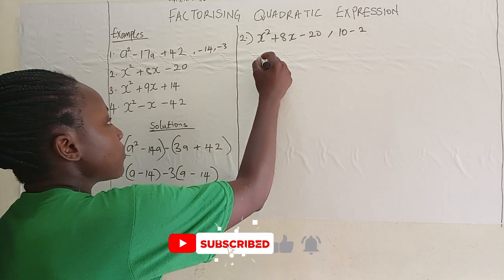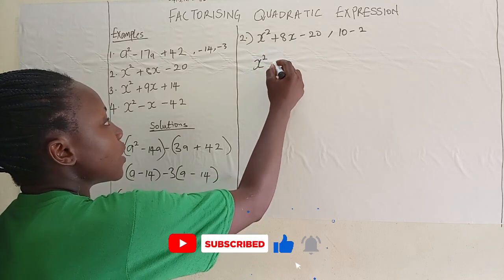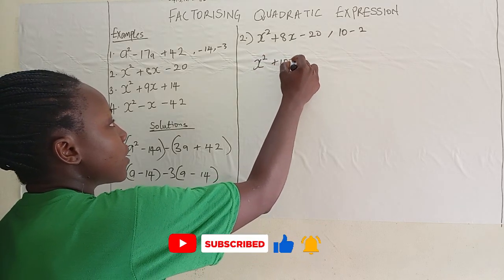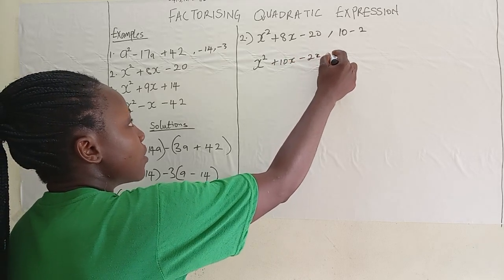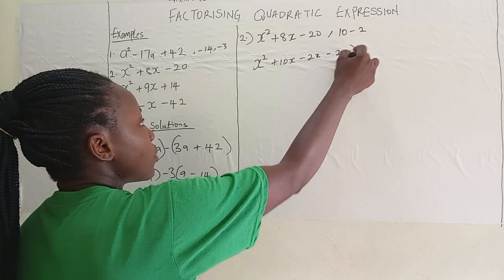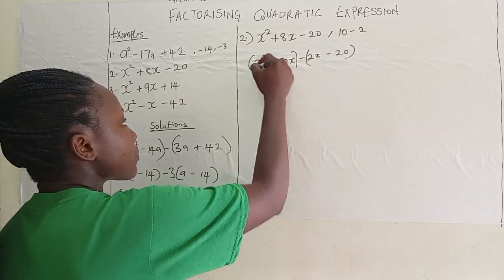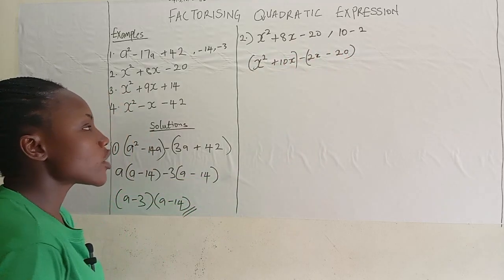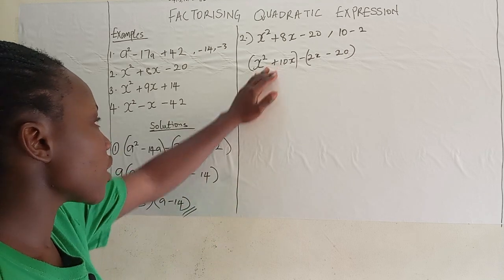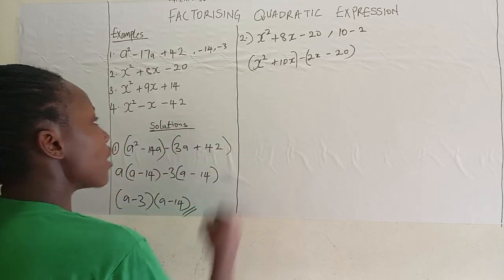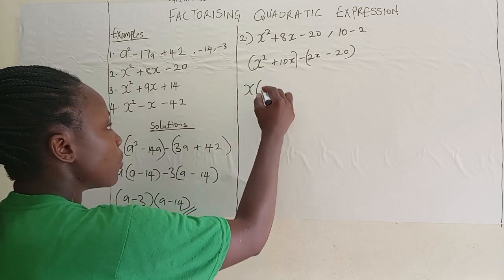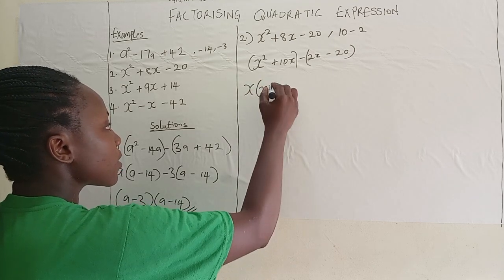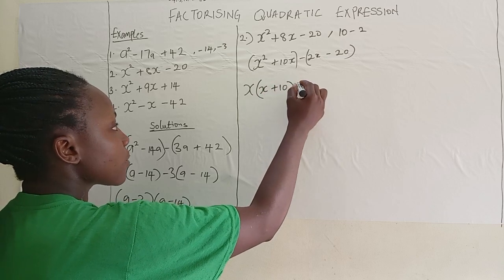So let's go again. s squared plus 10s minus 2s minus 20. You group them, then bring out the common factors. Here we have s, open bracket, here is remaining s plus 10.